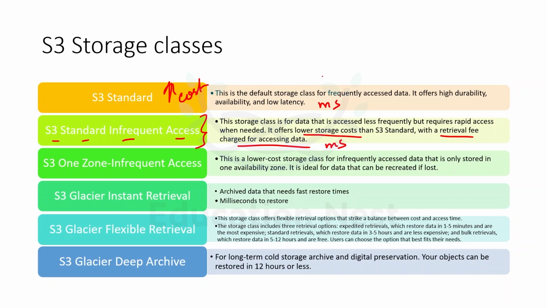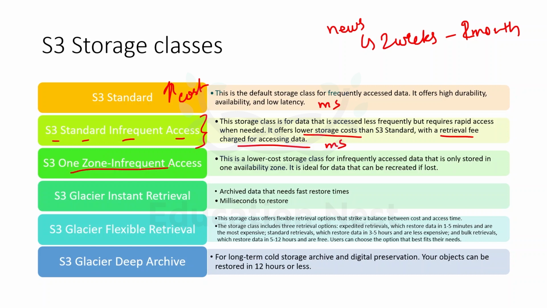Suppose your news is around two weeks old, two weeks to one month, or say two months, it will be infrequently accessed. So I can change the storage class of that particular news to Standard Infrequent Access.